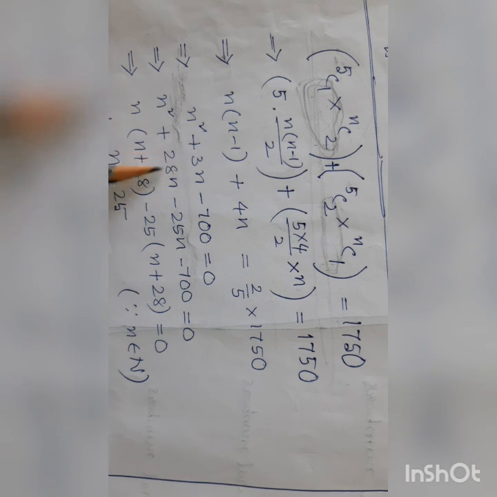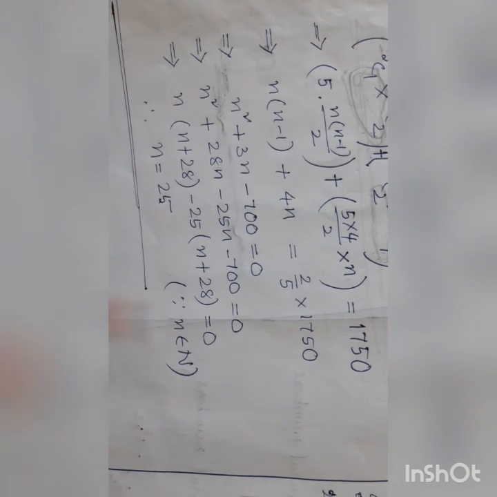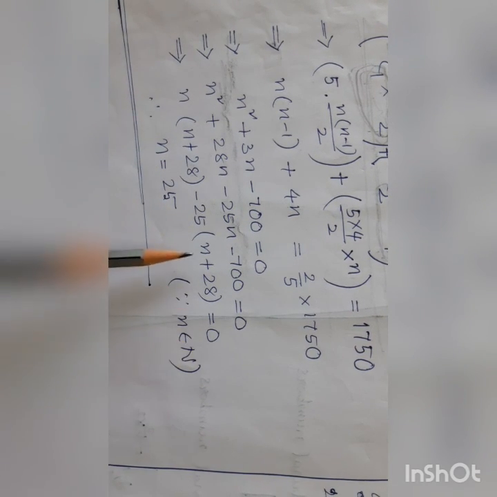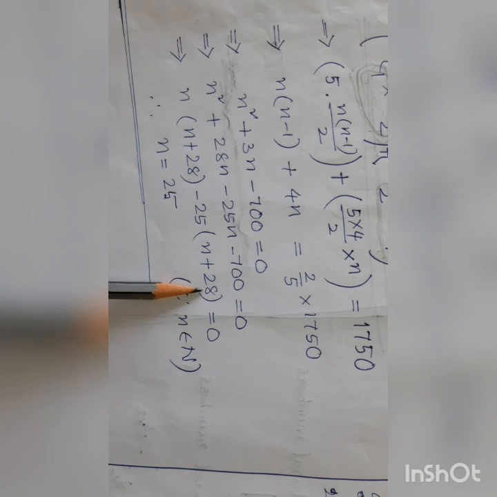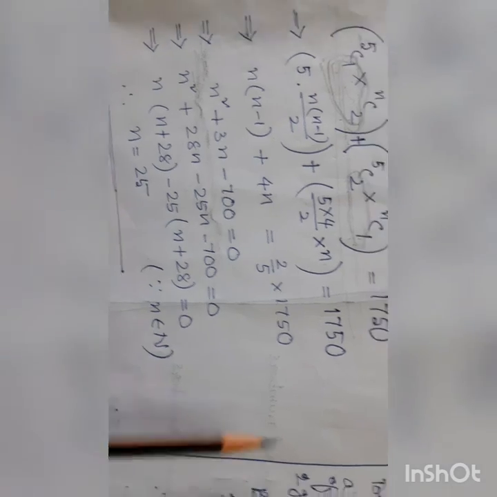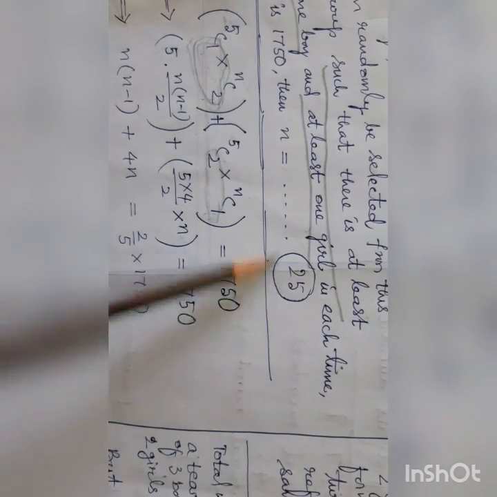So 28 into 25 will be 700, and 28 minus 25 is 3. So we get (n plus 28)(n minus 25) equals 0. n should not be negative because n belongs to natural numbers, so n equals 25. So 25 is the answer.